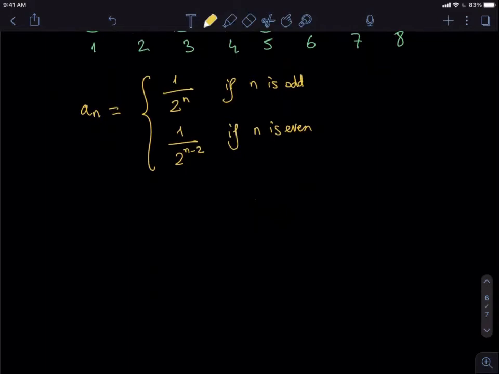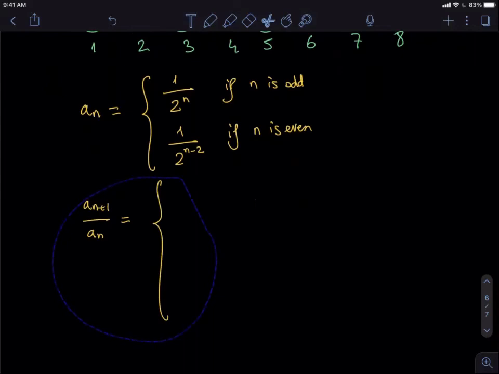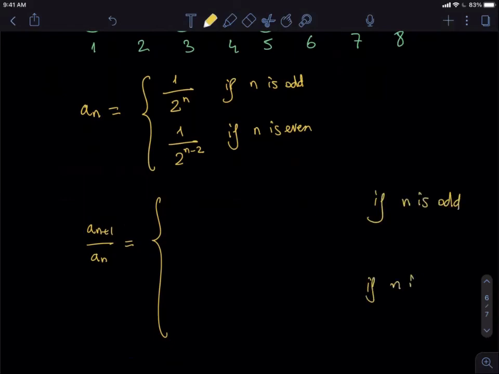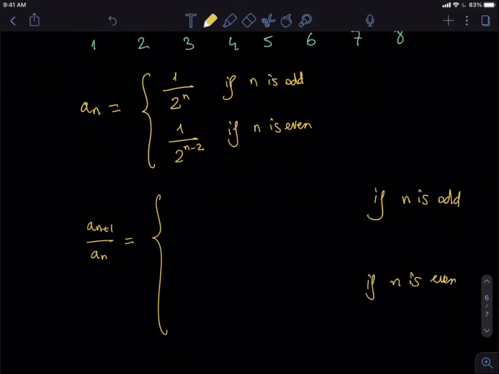All right, and then with this, we can already write down a_{n+1} over a_n. Again, this depends on if n is odd or even. So let's see.